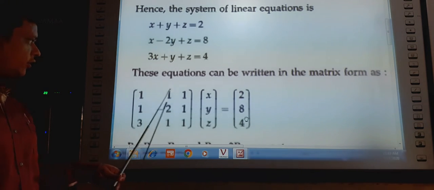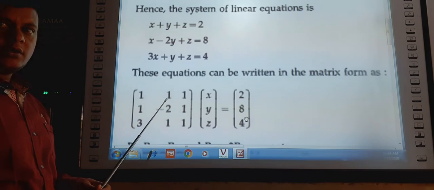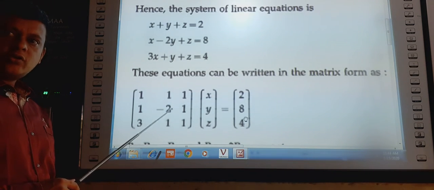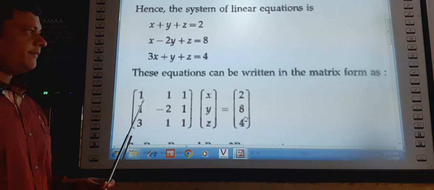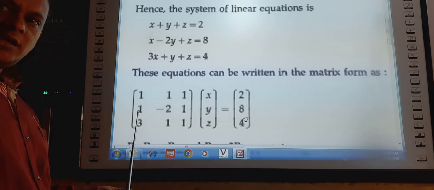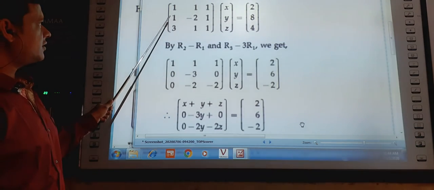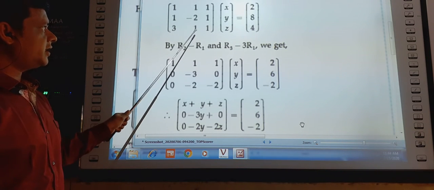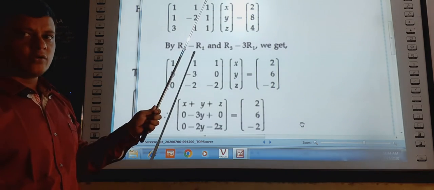Now we have to reduce this matrix either to upper triangular, lower triangular or diagonal matrix, or you can solve this problem by another method. In the previous example we reduced in place of 1 a 0, in place of 3 a 0, in place of this 1 a 0, that is into an upper triangular matrix.